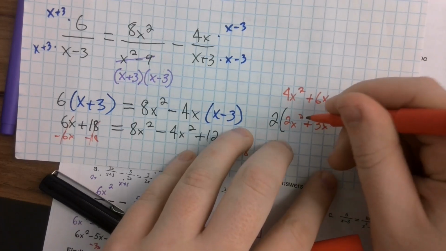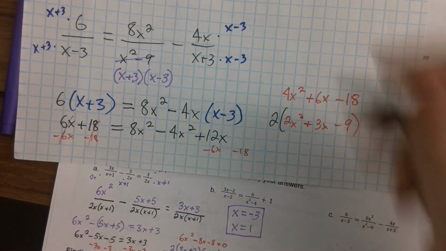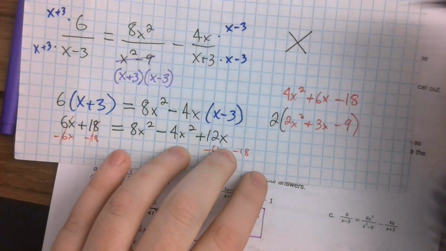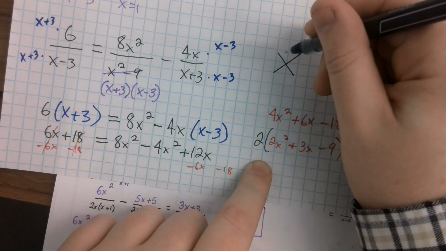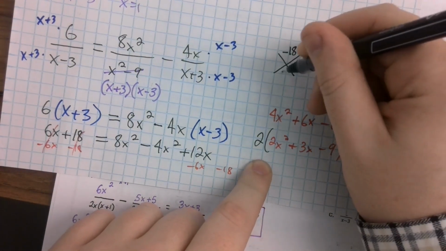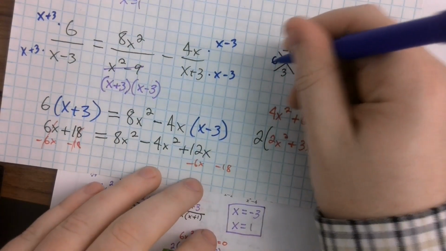And once again, we can use our AC method. Set up a combinator. Our A value is 2, our C value is negative 9. So we're looking for what multiplies to make negative 18 and what adds to make 3. Spoiler alert, it's 6 and negative 3.